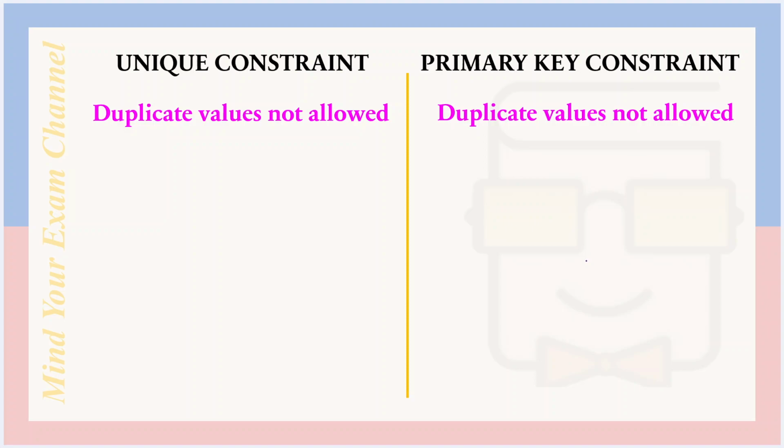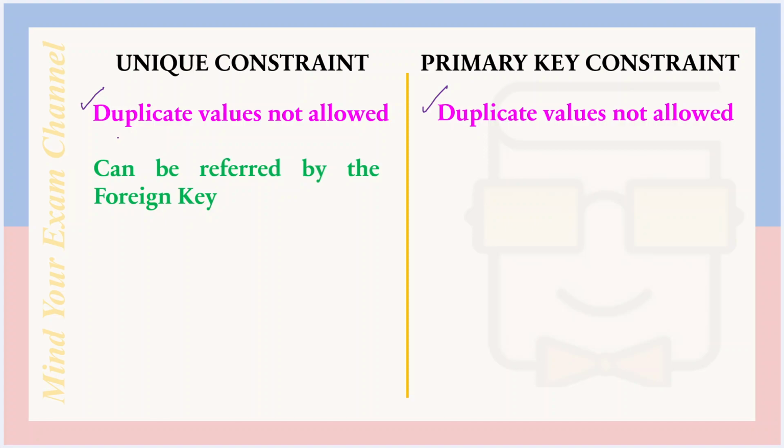That particular attribute will not have any repeated values. So whether it is the primary key of a table or a unique constraint applied to any attribute in the table, both of them ensure that uniqueness is present in that particular attribute's values.